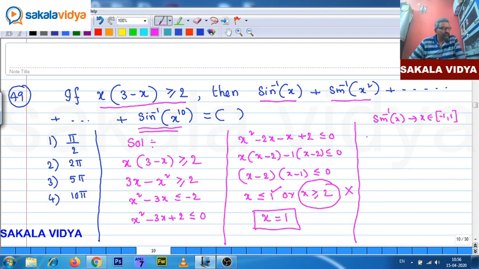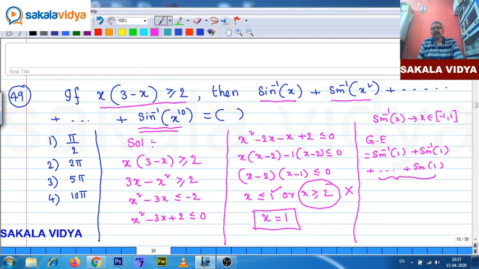Wait, we are checking. Okay. So, now the given expression becomes, in the place of x substitute 1, sin inverse 1 plus sin inverse 1 square, 1 only, plus so on, even sin inverse 1 to the power of 10 also 1.